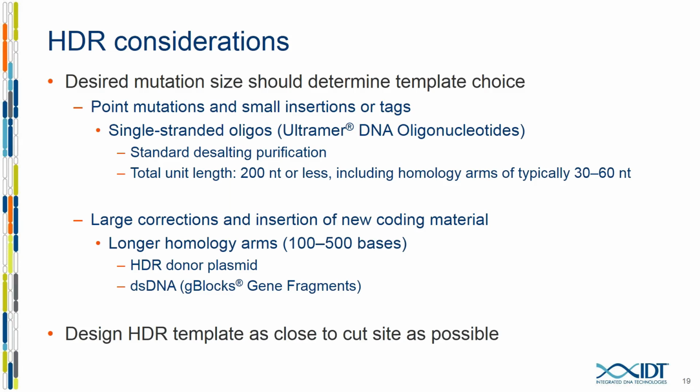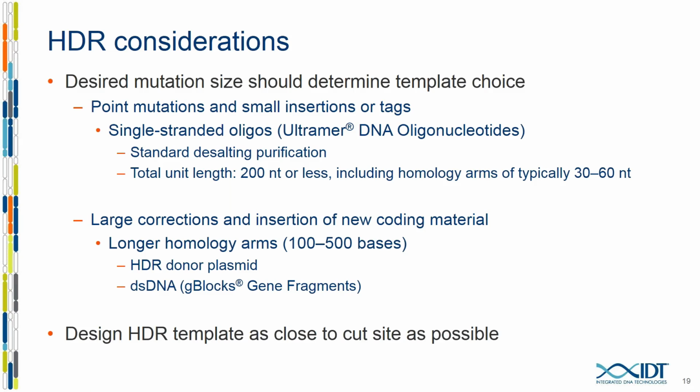And when we move to double-stranded DNA, it seems that longer homology arms are needed to have high rates of HDR, typically a homology arm of up to or greater than 500 bases in length. So either using a donor plasmid that's generated or something like gBlocks gene fragments as the donor template are typically used.